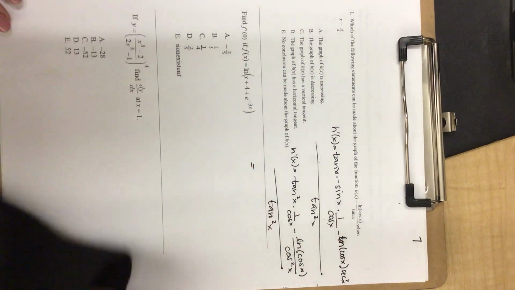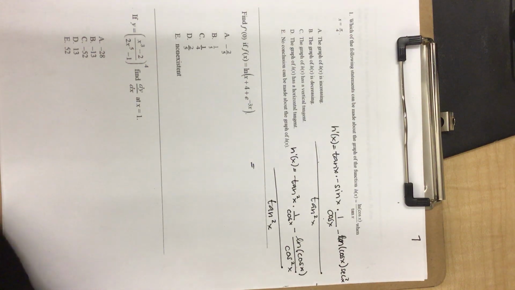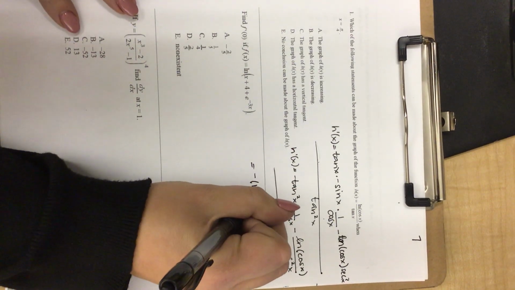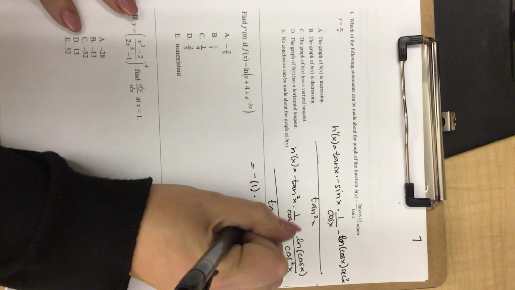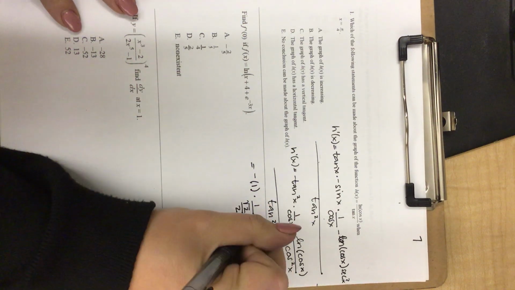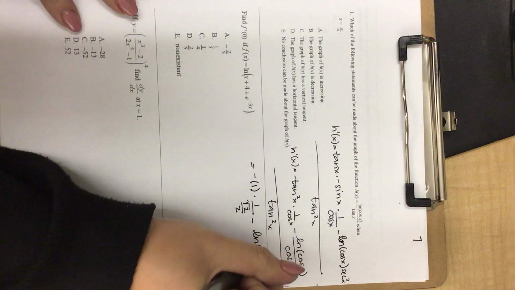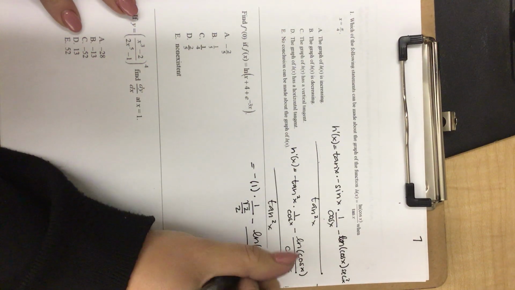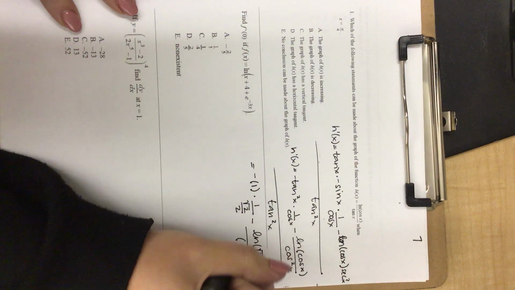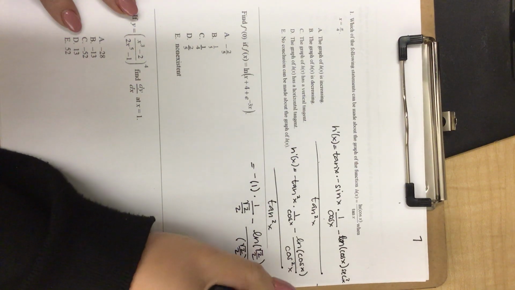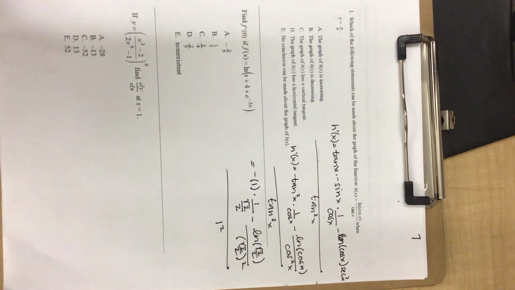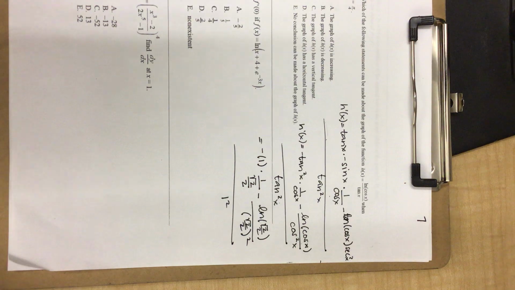Now the cool thing about pi over 4 is its tangent is 1. So that's 1 times 1 over root 2 over 2 minus natural log of root 2 over 2 over root 2 over 2 squared all over 1. Okay, and if you don't know that, that's from your unit circle.